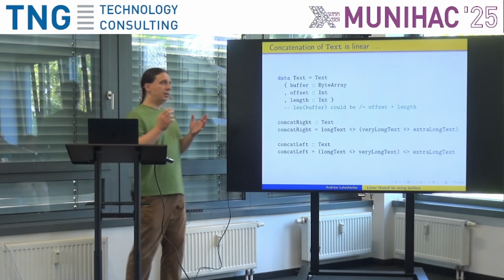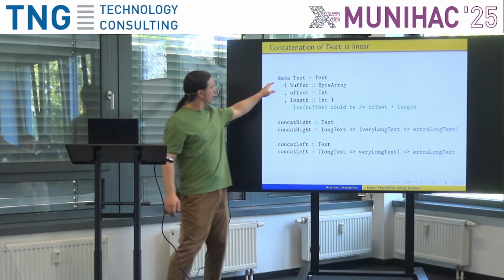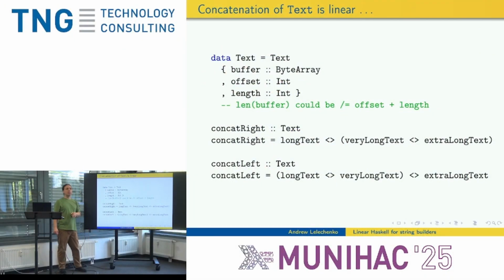So the data type for text in Haskell is a record with 3 fields. The first one is just a pointer to a byte array, just a raw region of memory, nothing fancy. And then it has 2 additional elements. One contains an offset in that byte array, which says where my data actually starts.